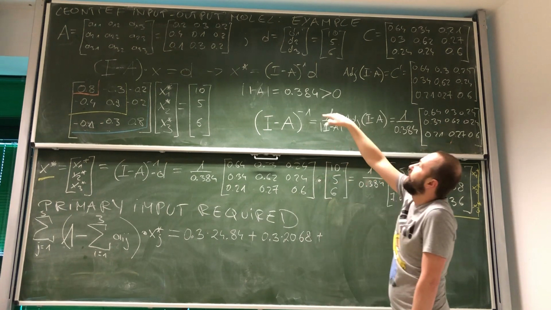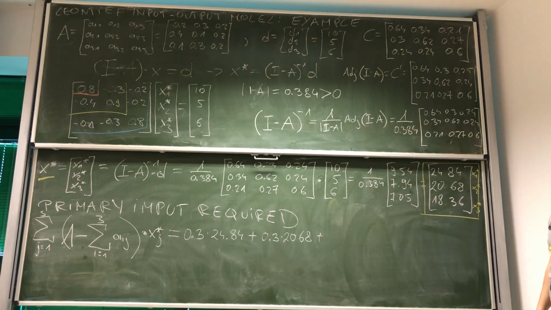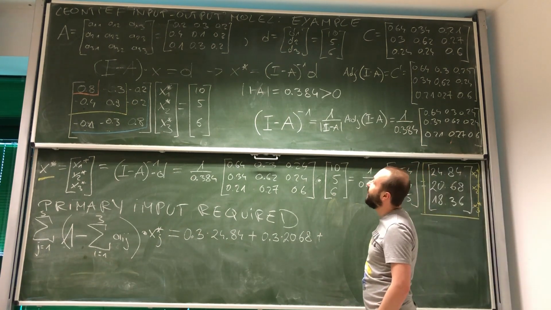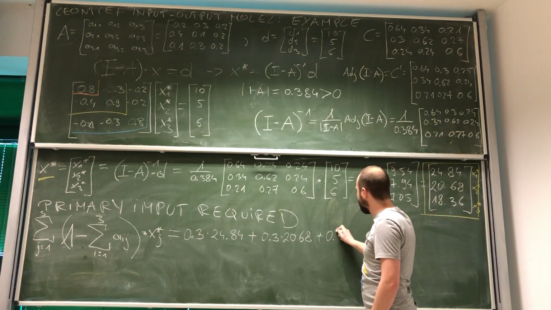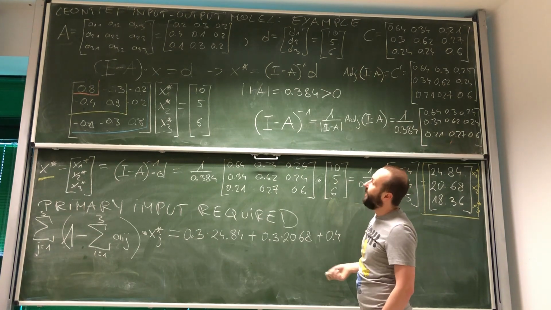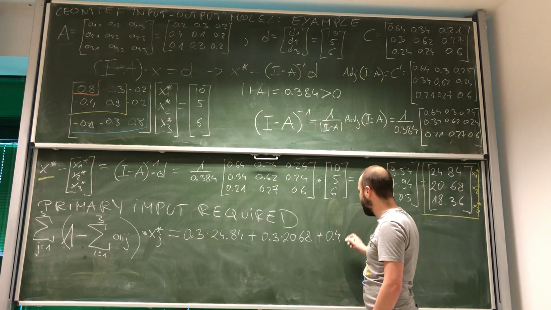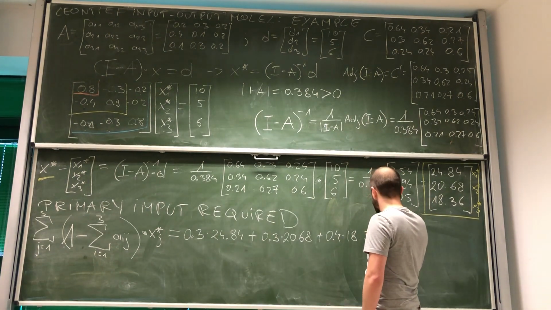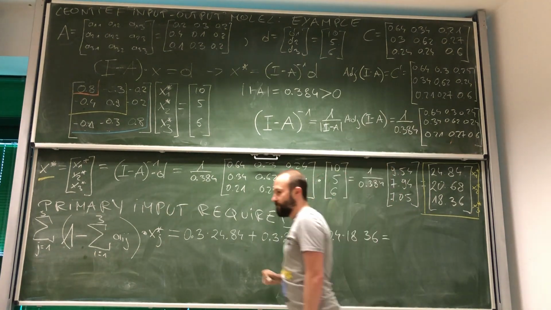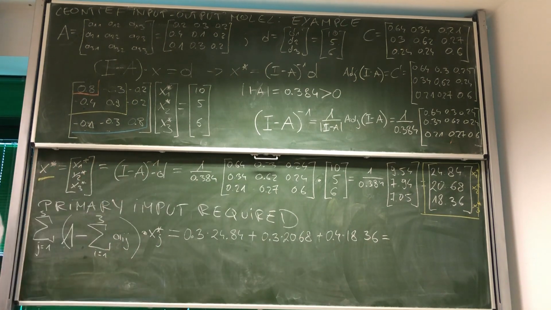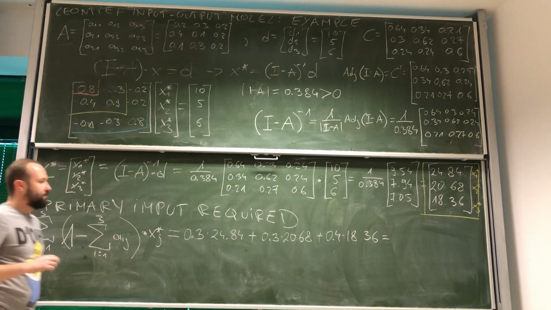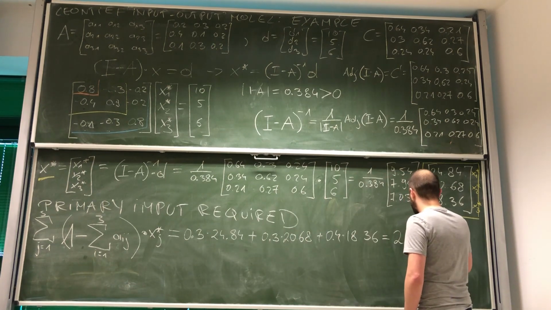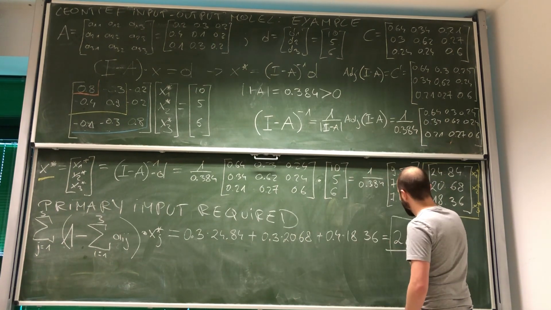And finally, in case of the third good, only 0.6 goes to the intermediate input, so 0.4 goes to primary input, and we multiply it by 18.36, which gives us, after rounding up, very nice number 21.